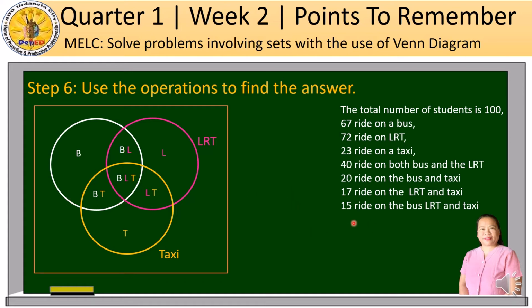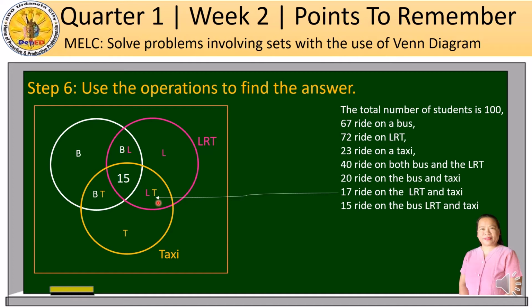So, from here, ito yung una nating part, yung number of students who ride on a bus, LRT, and taxi. Ilan po sila? They are 15. So, next, we have students who ride on LRT and taxi only.